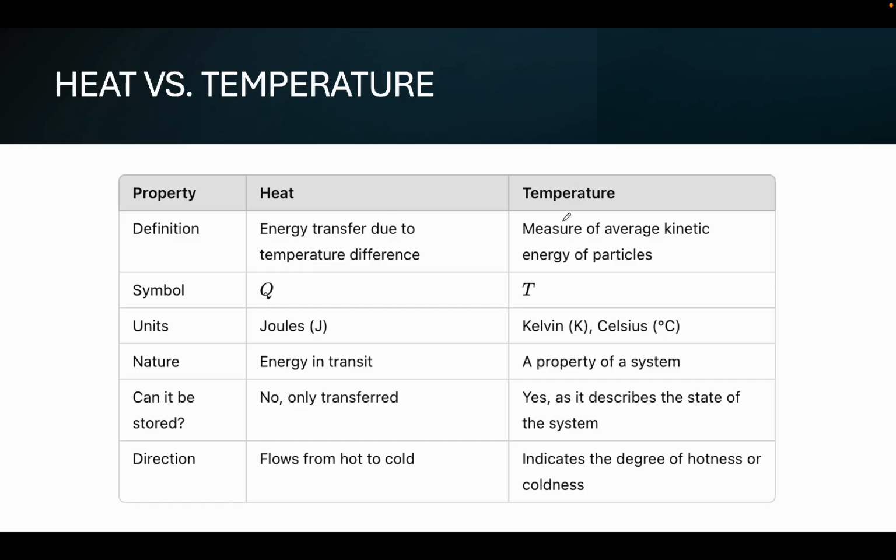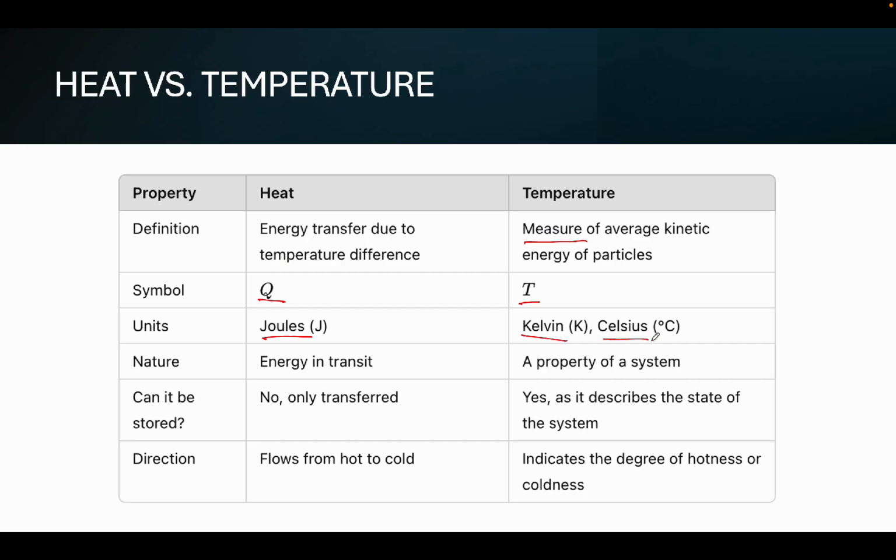But when we say temperature, it is the measurement of the average kinetic energy of particles. The symbol for heat is capital letter Q, whereas for temperature, it is capital letter T. The unit for heat is joules, while the unit for temperature is degrees Celsius or degrees Fahrenheit, and also Kelvin.